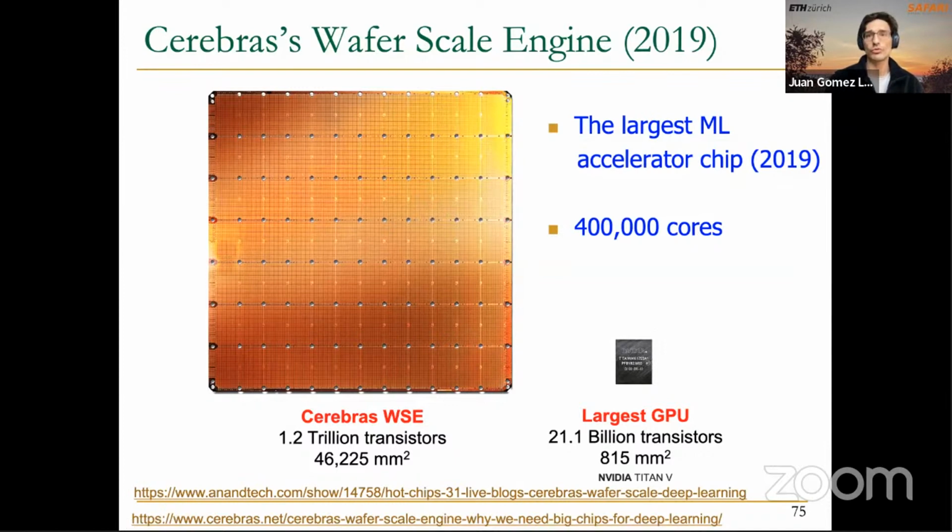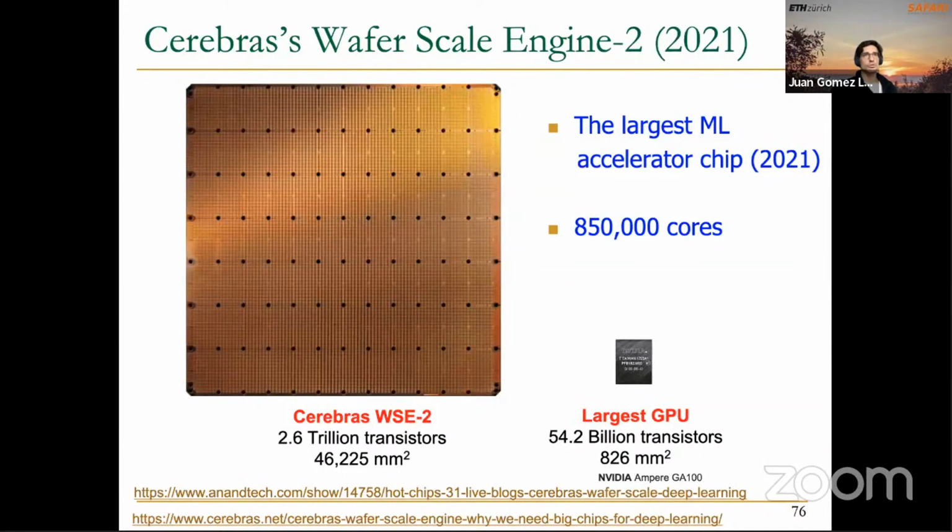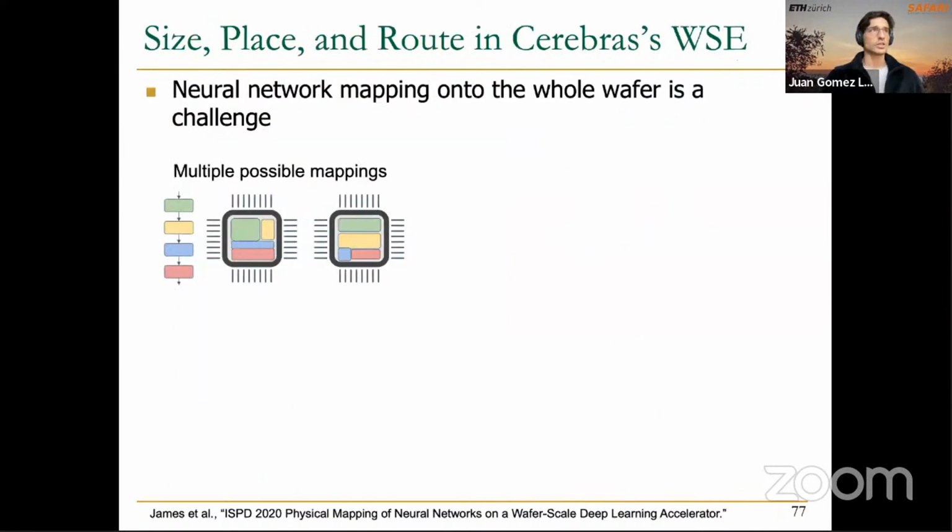This is the version from 2019. This is the newest version from this year, 2021, that is essentially twice as fast as the previous version, but still keeps being much larger in terms of die size, and also in terms of number of transistors and peak computational power than the largest GPU.